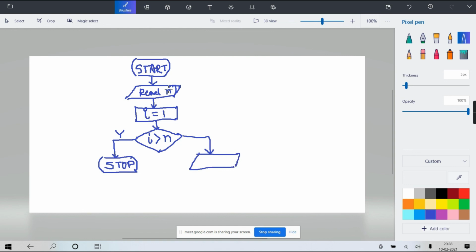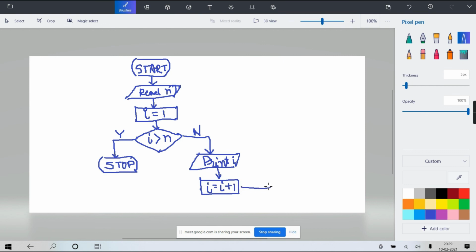Suppose your n given is 5. You have to print the first 5 natural numbers. N is 5, I is 1. It will check: is 1 greater than 5? No. So it will come to this side, and after coming this side, it will print I. After printing I, we do the next calculation, that is, increment I by 1: I equal to I plus 1.